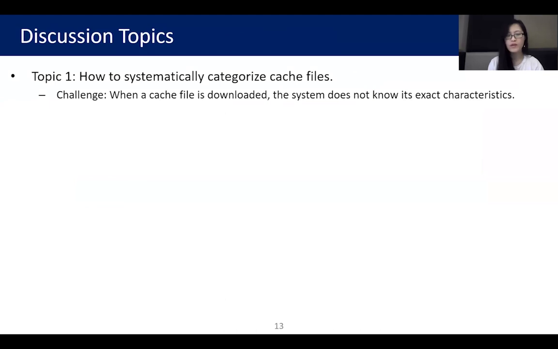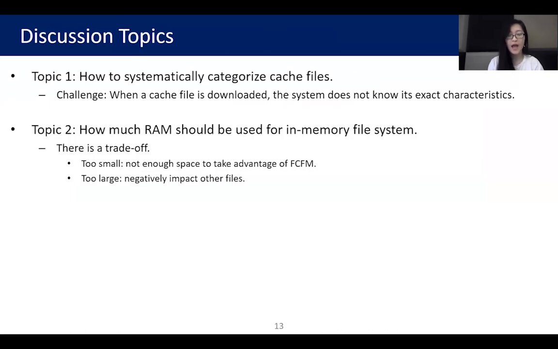We know that when a cache file is downloaded, the system does not know its exact features. Second, how much RAM should be used for a memory file system? There is a trade-off. If it is too small, there is not enough space to take advantage of FCFM. If it is too large, it could negatively impact other files.